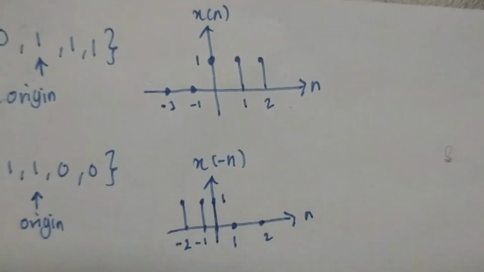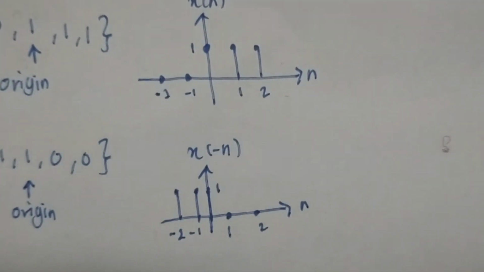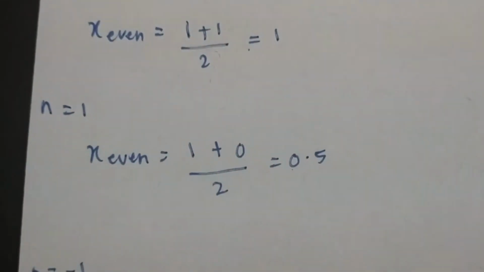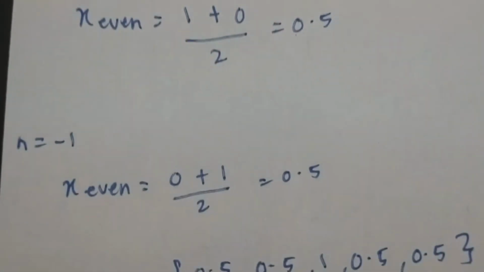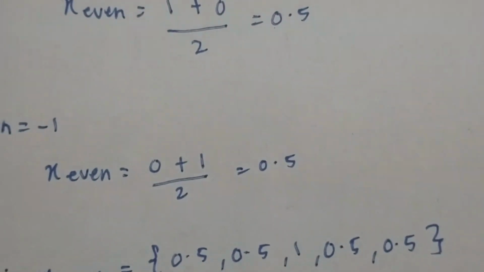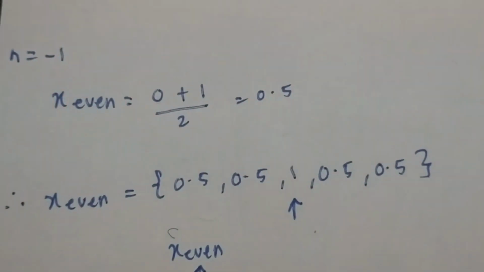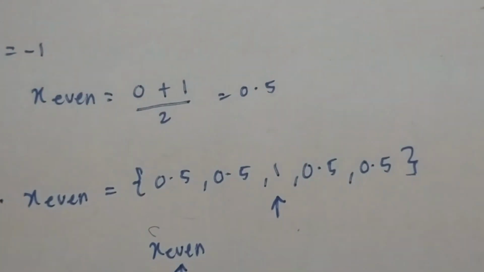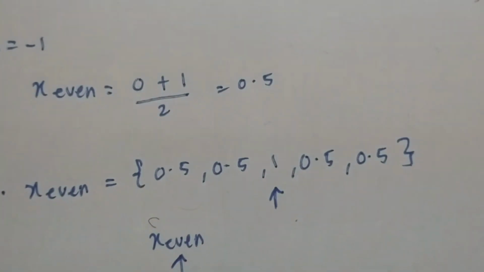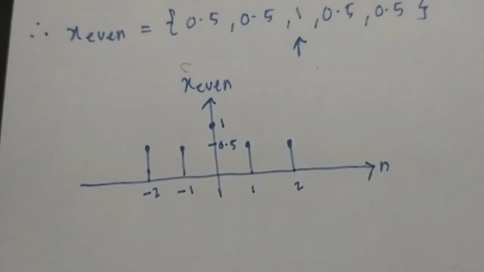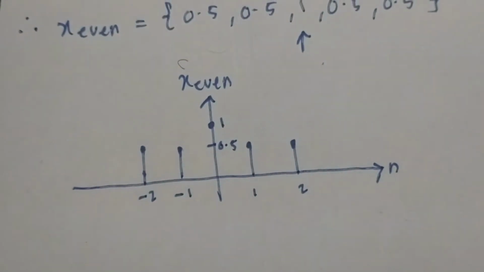For x[n], the amplitude is 0 and for x[-n], the amplitude is 1. So we got 0 plus 1 divided by 2, we got 0.5. So the final signal that we get for x even is 0.5, 0.5, 1, which is the origin, 0.5 and 0.5. So the final signal will look like this for the even component.